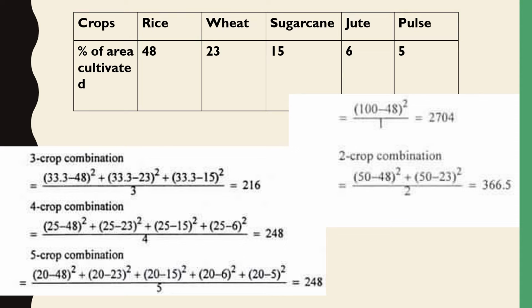For example, in a cultivated land, rice comprises 48% area, wheat 23%, sugarcane 15%, etc. These values do not maintain the theoretical values of the previous slide, right? So we have to calculate the deviation from the theoretical value, the difference between theoretical value and actual value.